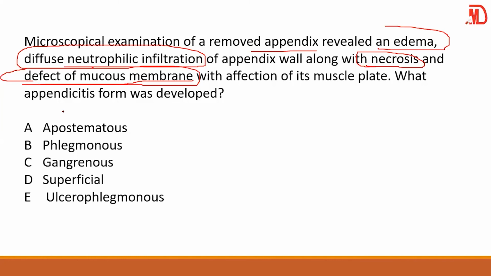Inflammation with necrosis and ulceration in the mucosa. That is what phlegmon or phlegmonous is all about. Phlegmonous describes inflammation with necrosis and ulceration. And over here we can easily go for E. Ulcerophlegmonous. All right.